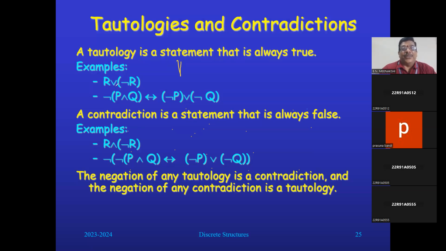Here we are using the disjunction, so true and false becomes true. If R is false, negation of R becomes true, so false and true is true. Both resultants are true. So what is meant by the tautology? If you are working with propositions and all the rows in the resultant statement are true, then it is called a tautology.